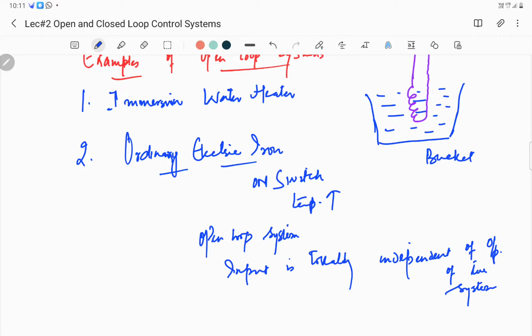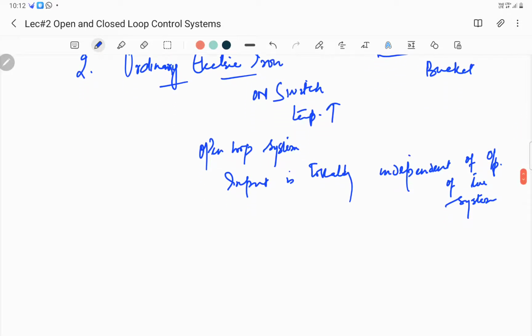In other words, there is no feedback signal from the output to the input in order to achieve the desired output.